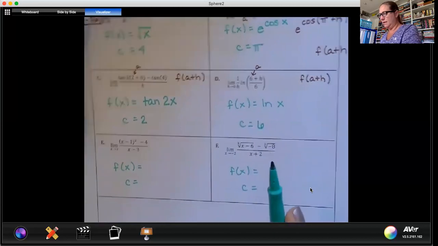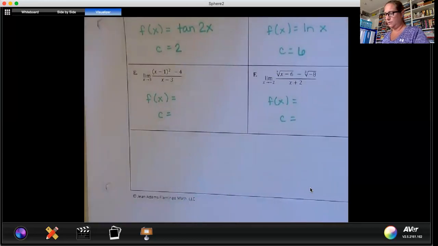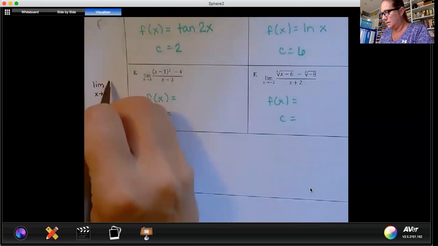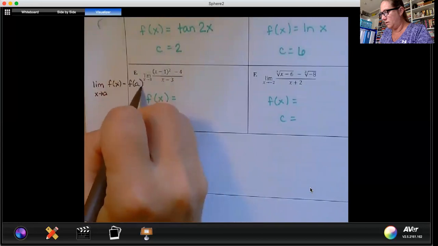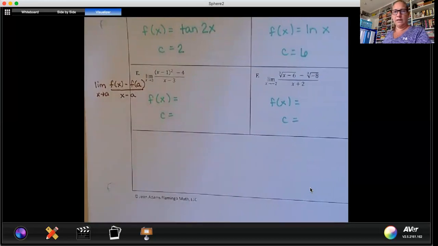Moving on to E and F, you will notice their denominators are different. They're no longer just h, so we will use our different alternate limit definition as x approaches a of f of x minus f of a over x minus a. I think these are a little bit easier myself. It's very easy for you to identify a.